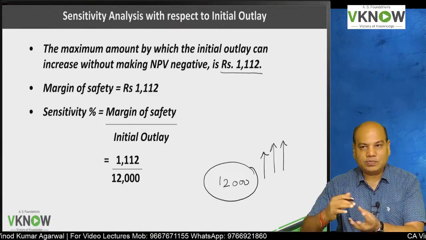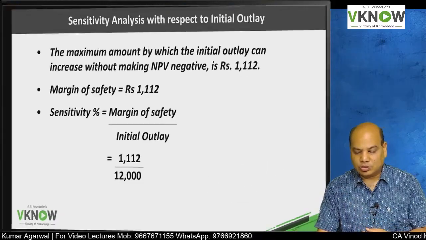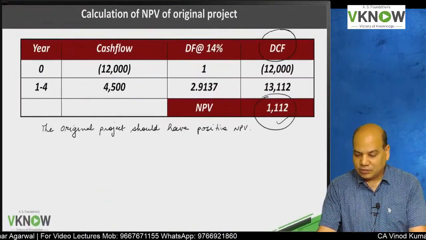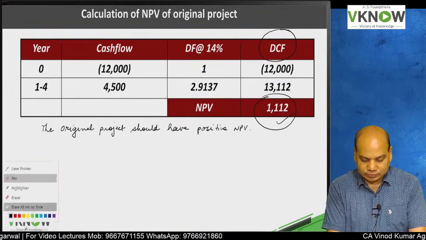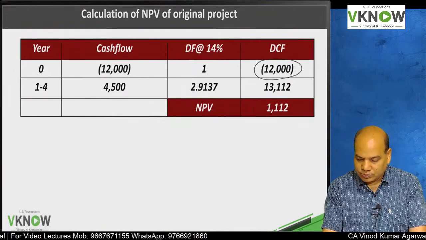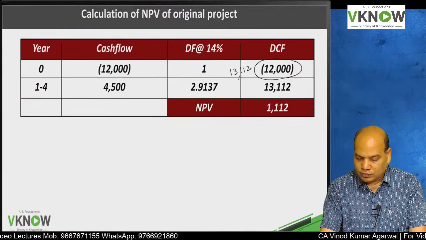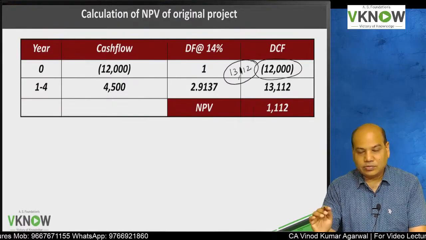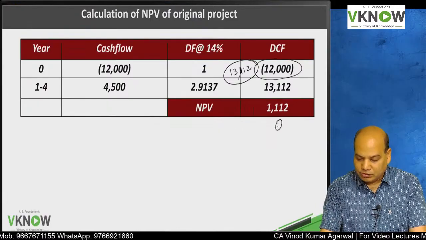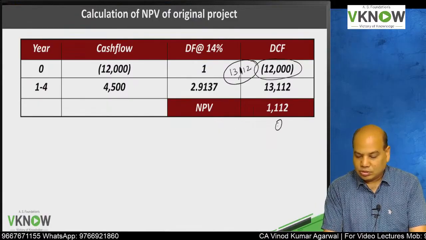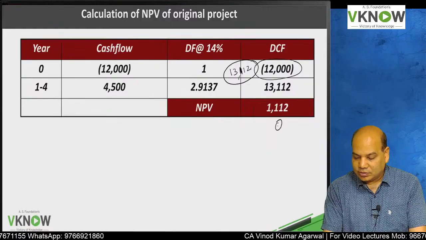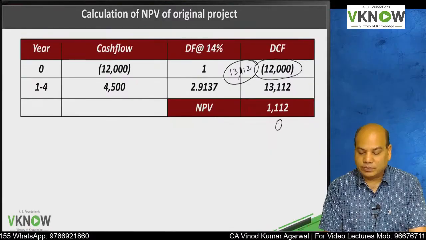So the answer is 1,112. Even if the cost of the project rises to 13,112, you don't have to do anything, you have to just observe. If this goes to 13,112, my NPV will become 0. So my margin of safety is 1,112.